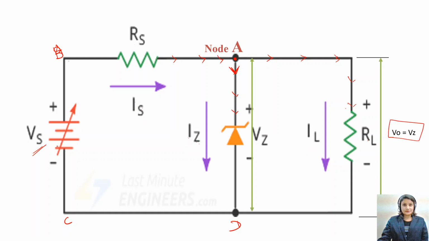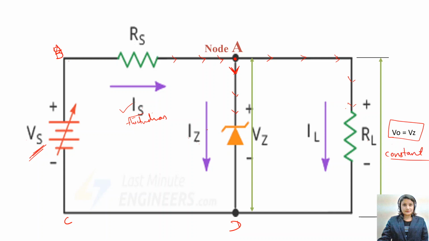So that means if your input voltage, source voltage is changing, there will be a change in IS. Even though there are fluctuations in source current, your output voltage still remains constant. It is not going to fluctuate.